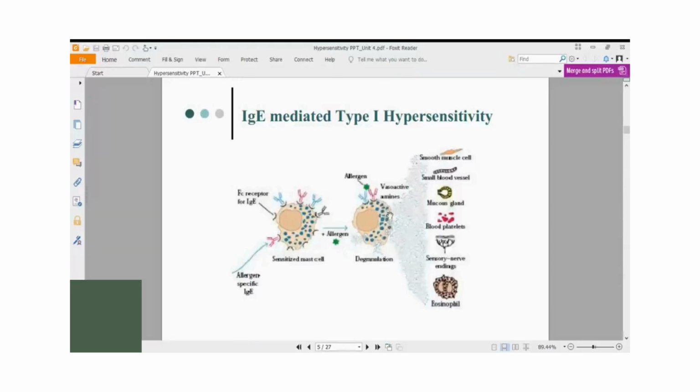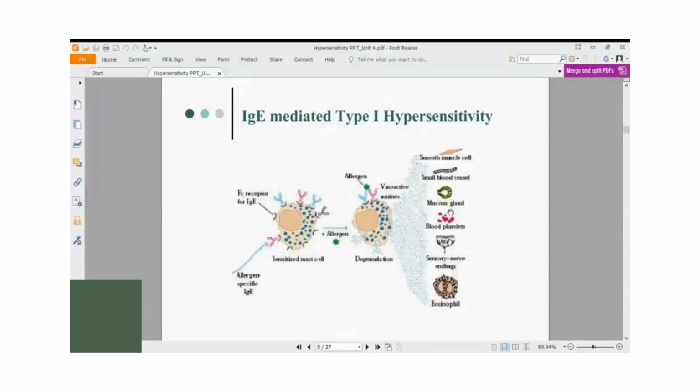They come and fuse with the plasma membrane of the mast cells inside, and they evert out and release the pharmacological mediators. A large number of pharmacological mediators are released into the blood of the person who is showing that allergic reaction. And that cross-linking is a must, and it will happen because the IgE antibodies will be sitting side by side on the mast cells.